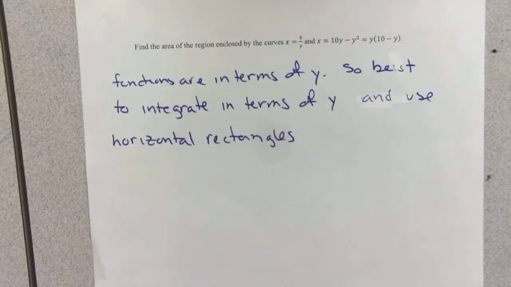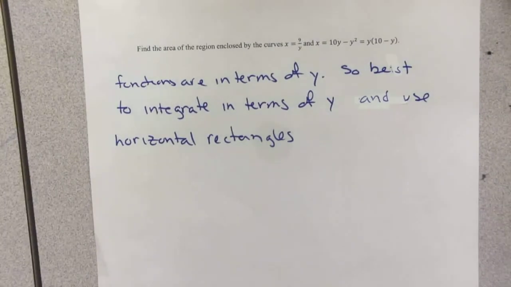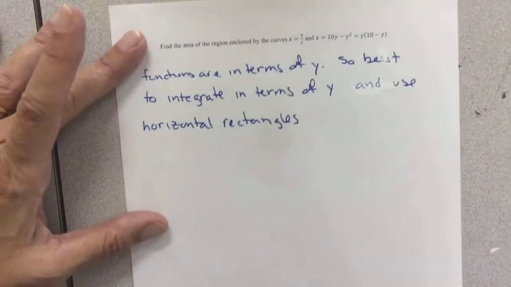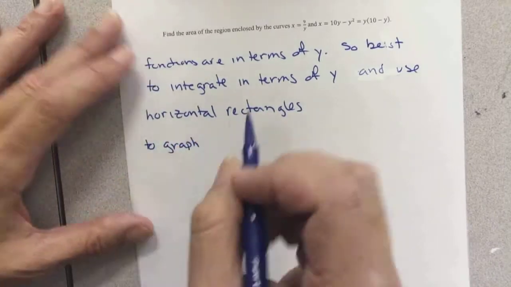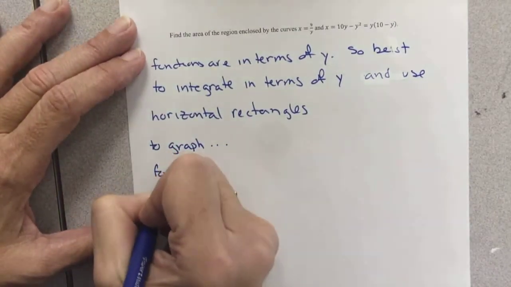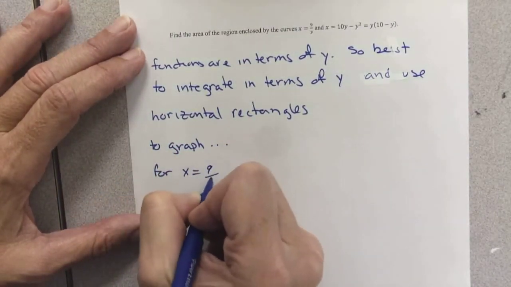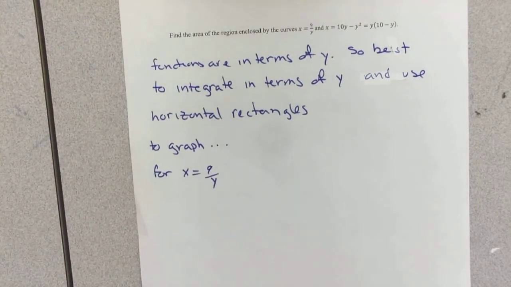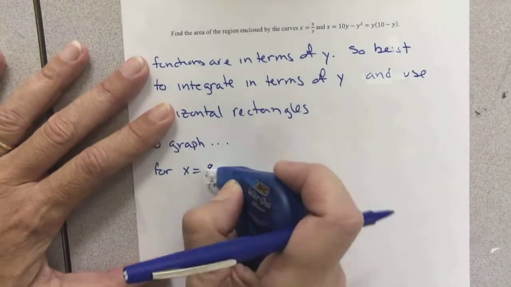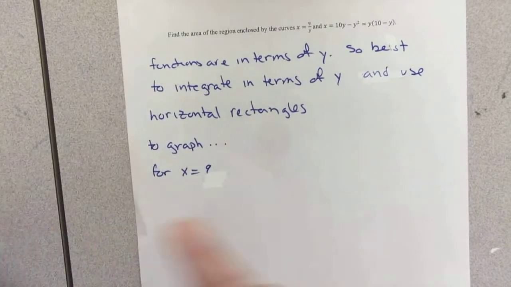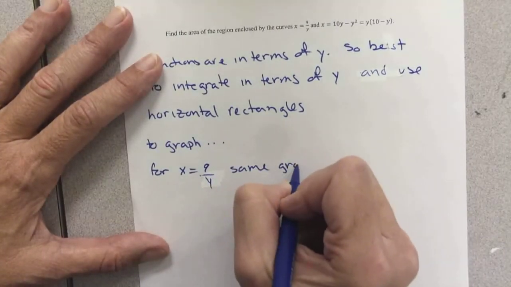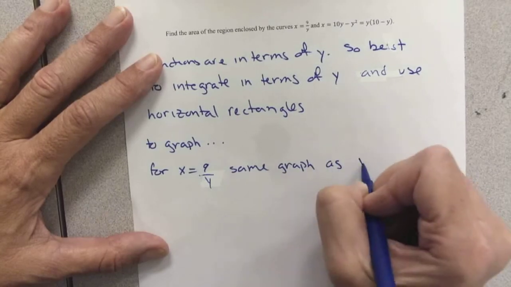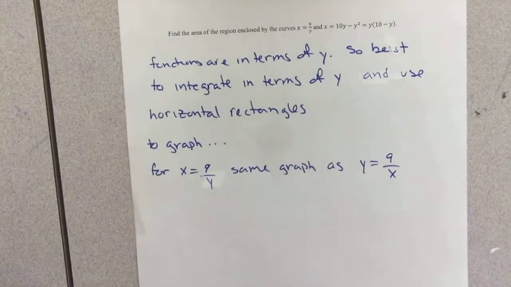Now we still need a picture. So to graph x equals 9 over y: I just said don't rewrite things, but this one is very easy to rewrite. It will have the same graph as y equals 9 over x, solving for y.